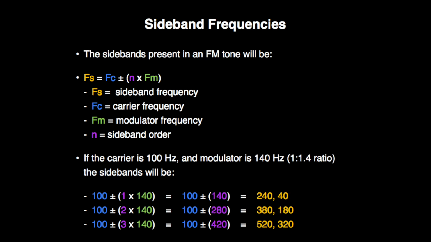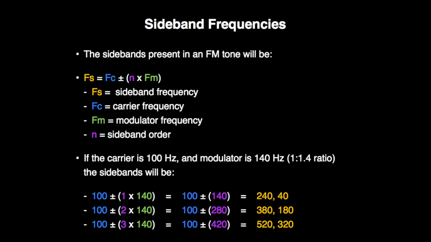So if our carrier is still 100 hertz, this time our modulator is going to be 140 hertz. So this is a 1 to 1.4 ratio. So our sidebands are going to be, well, the first one is going to be 100 plus or minus 1 times 140. That's 100 plus or minus 140. And we get 240, and 100 minus 140 is negative 40. So again, that's just the absolute value, so that's 40.